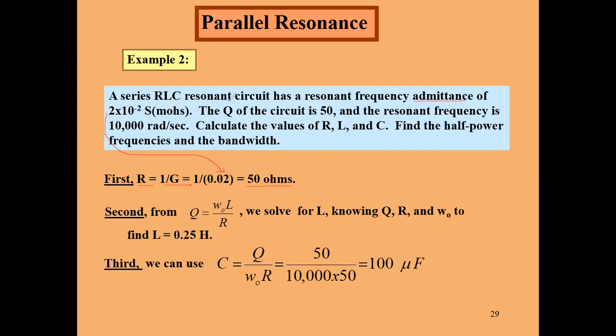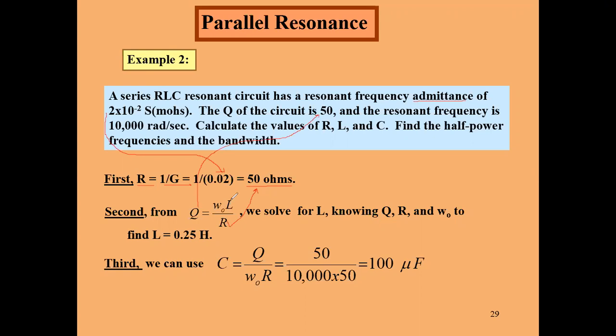For the second one, the Q of that circuit is 50, and we have the formula Q is omega 0 L divided by R. So we solve for L. We have the value of R as 50 and the value of Q as 50.